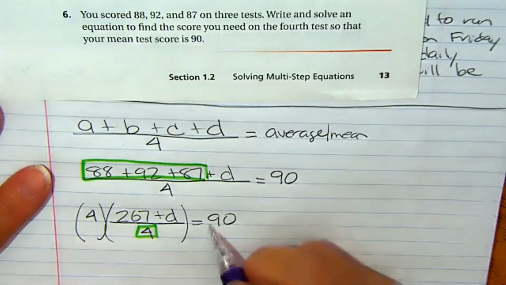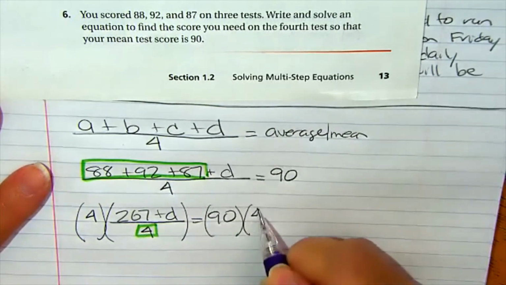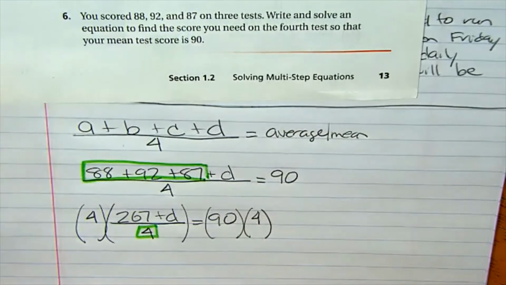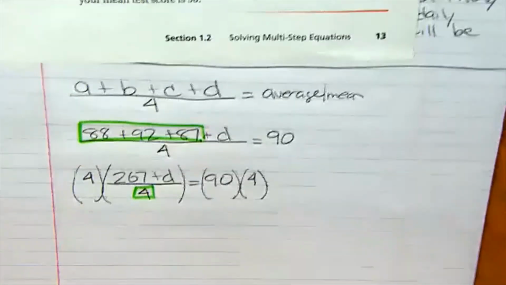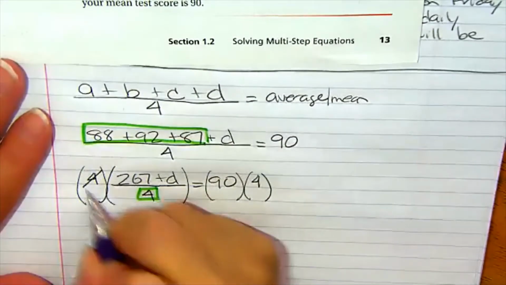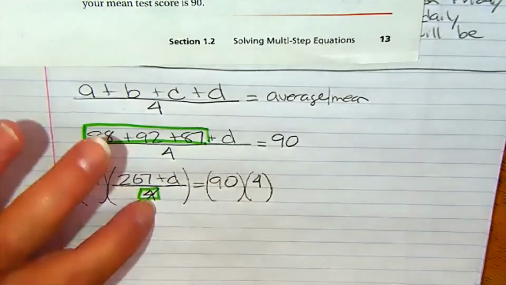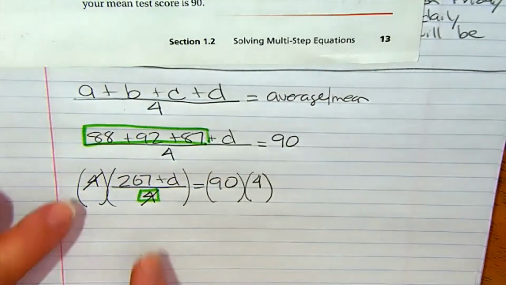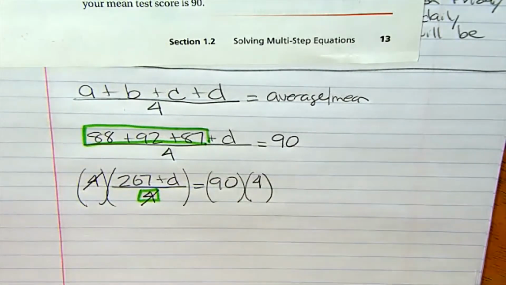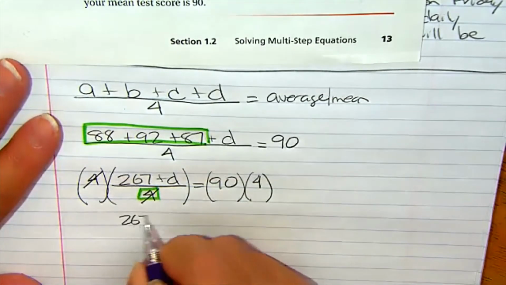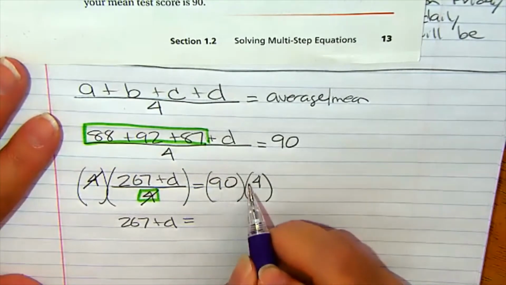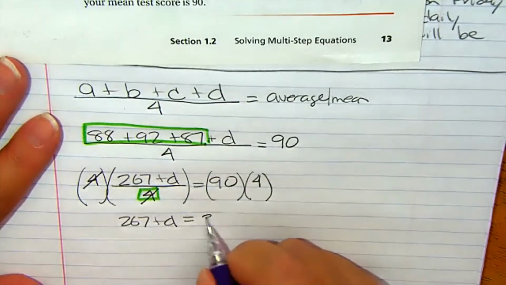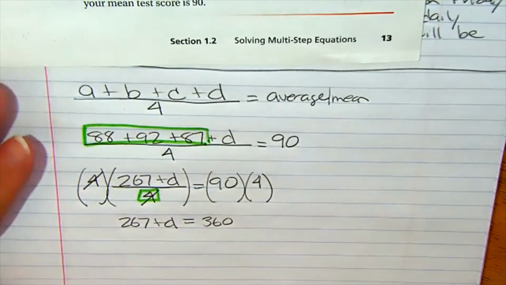What I do to one side, I must do to the other. So my 4's cancel, because 4 divided by 4 is 1. And I've got 267 plus D equals 90 times 4, 360.